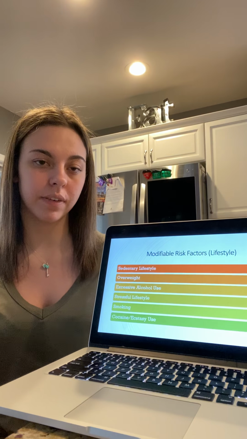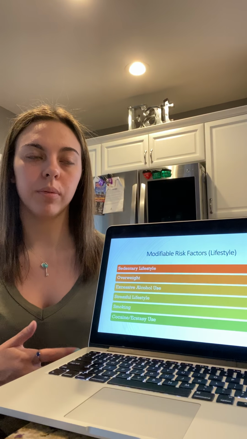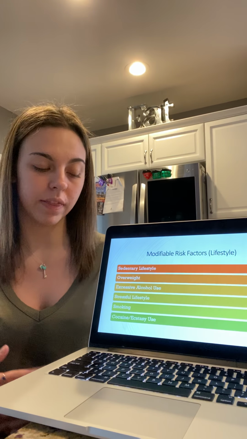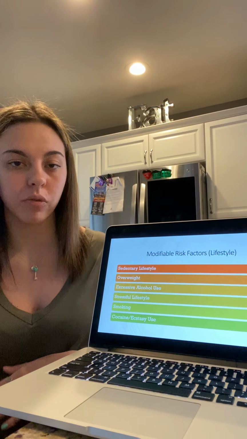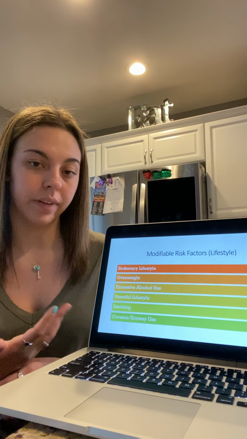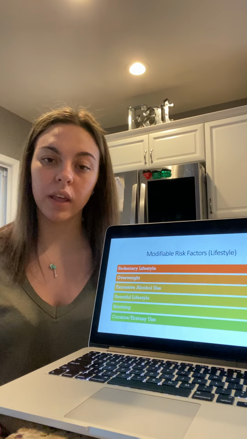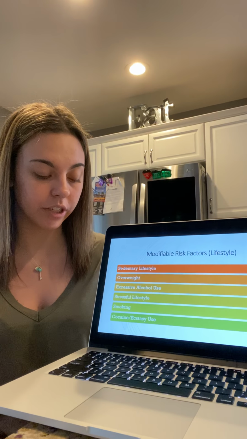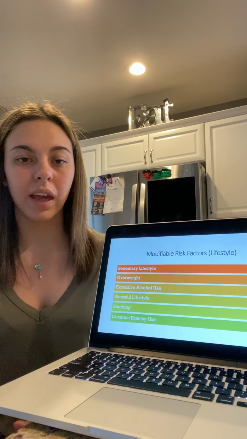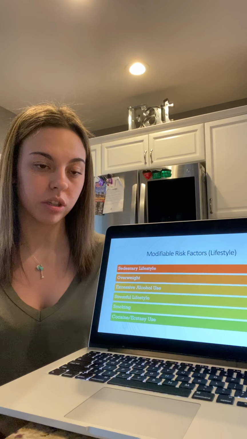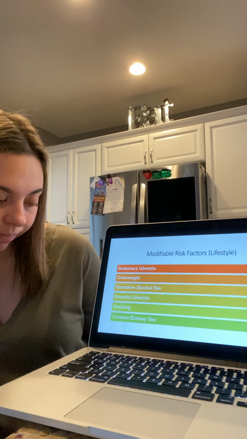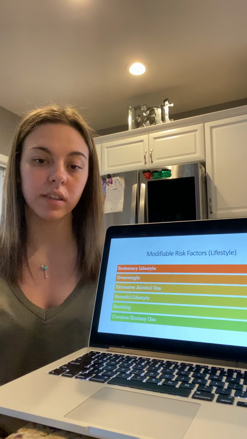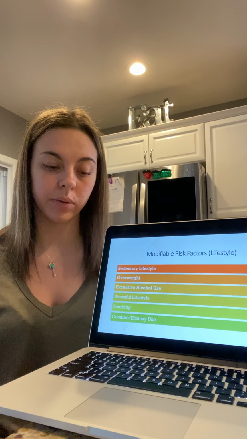Like I talked in my last video, find the person's stressors to try to prevent them from happening, which in return could help prevent a stroke from occurring. Smoking, you want to make sure that your patient is on smoking cessation, because smoking and alcohol together also just aren't a good combination. And then cocaine or ecstasy use also puts you at a greater risk.